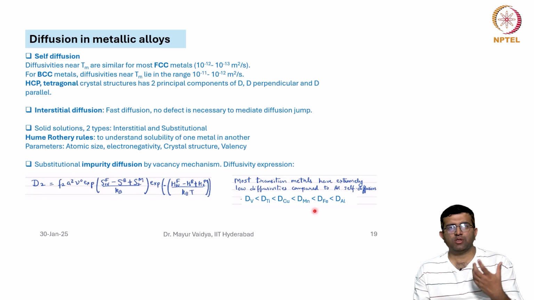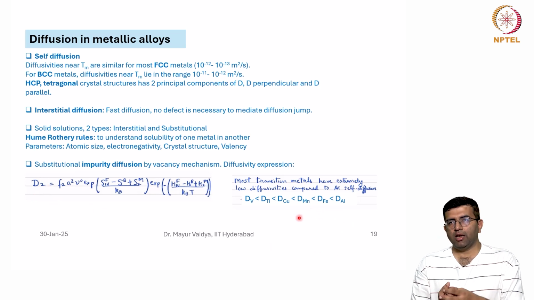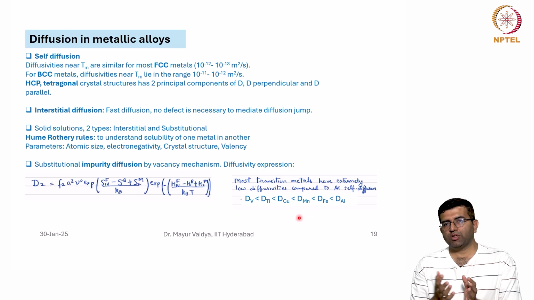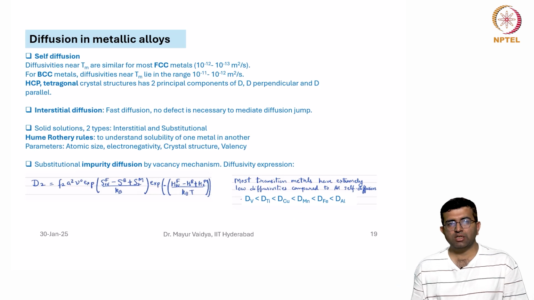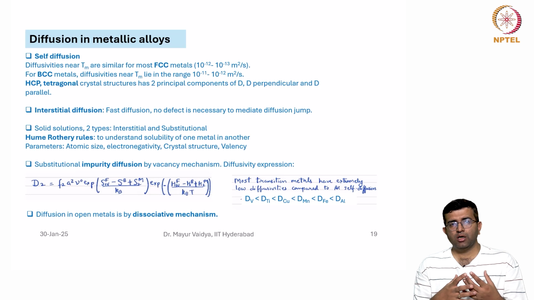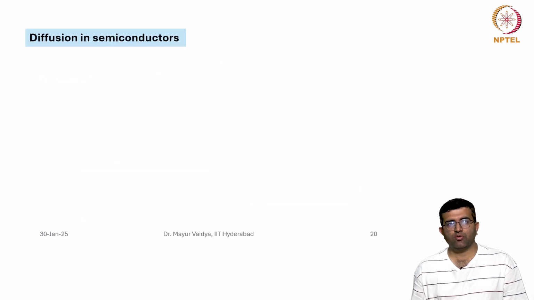We saw some interesting trends also, like for example, in aluminum, most of the transition metals have extremely low diffusivities compared to aluminum self-diffusion. So like this, a few trends we saw in the metallic alloys. In the open metals, the diffusion can happen by what is known as a dissociative mechanism.